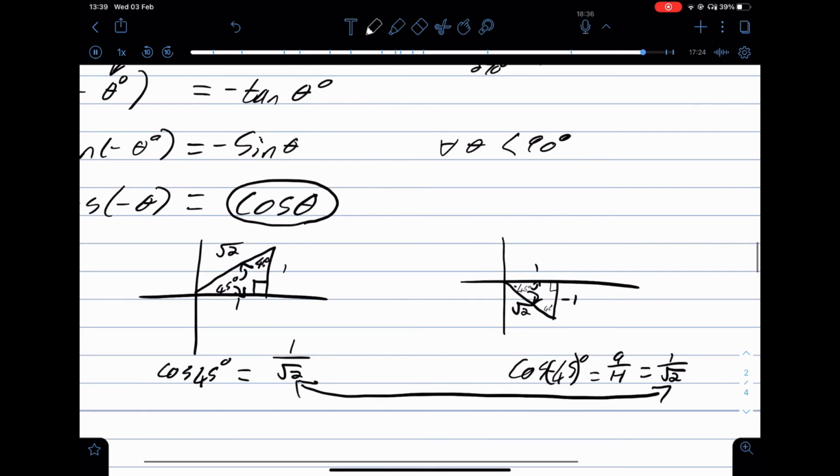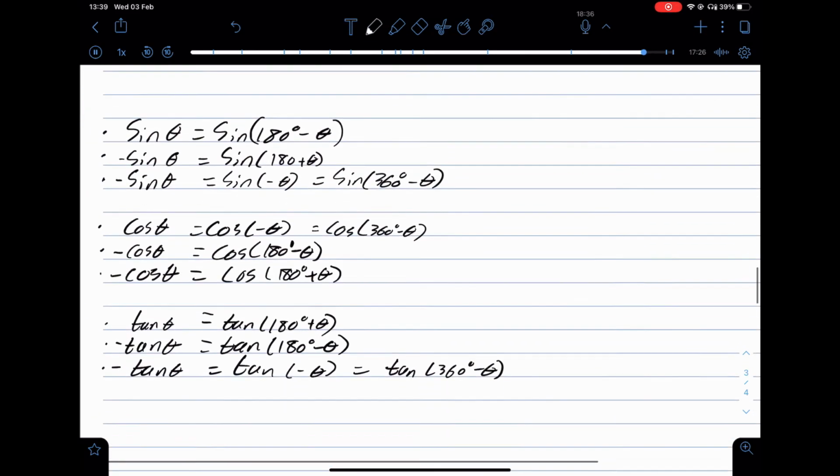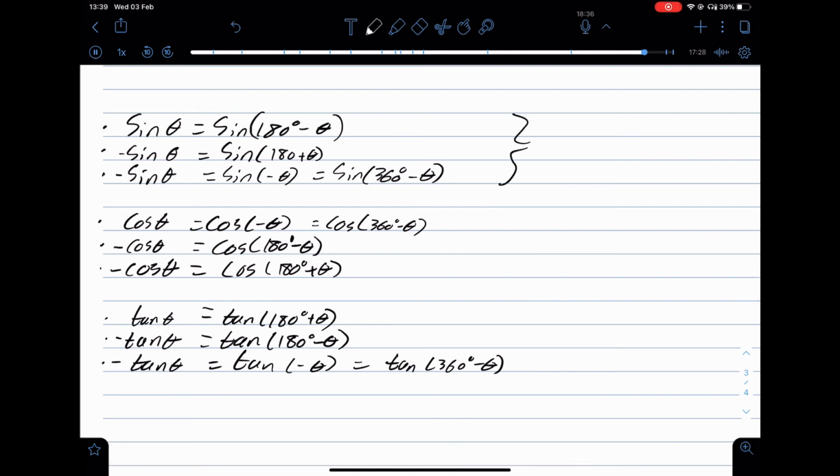Over here is just a short general list of reductions. These are the ones for sine theta. These are for cos theta. And these are for tan theta. So you can see when sine, tan, or cos will be negative or positive based on the quadrants that they're in.